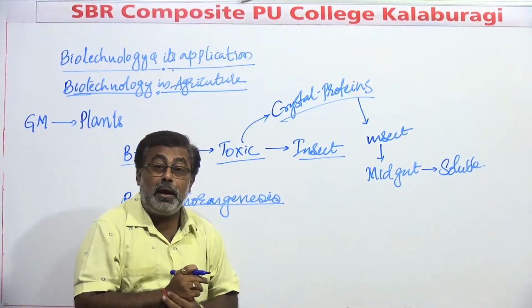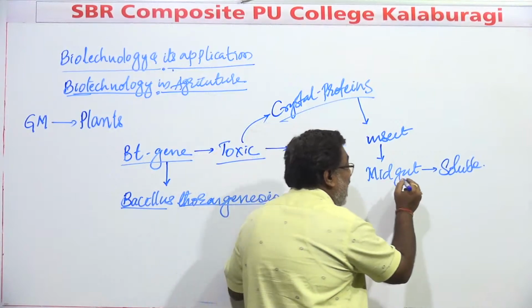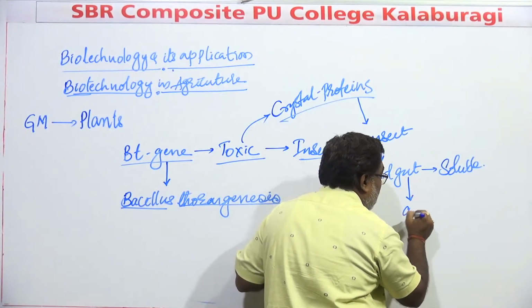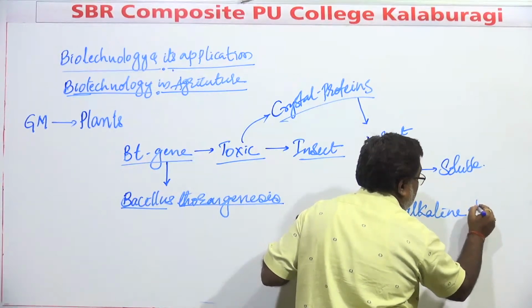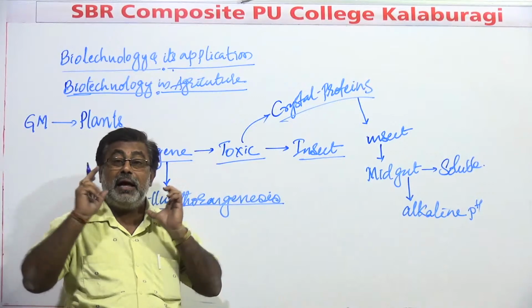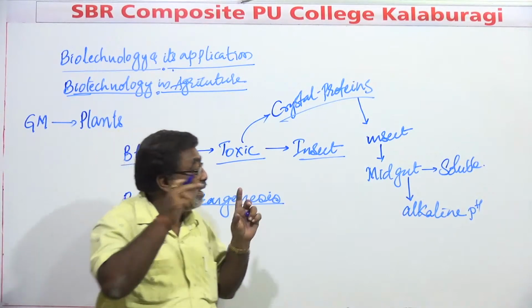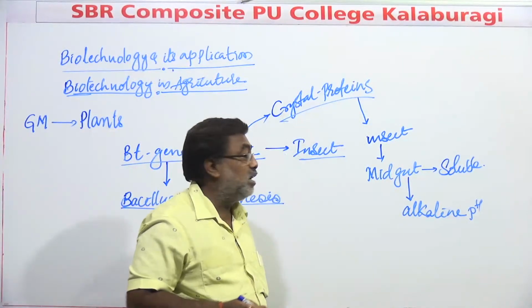Why is it soluble? Because the midgut has an alkaline pH. That alkaline pH helps to solubilize the crystal proteins.